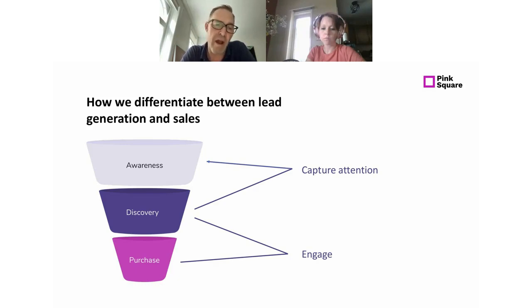In the top part of the funnel, where it's about awareness and partly about discovery, it's very much about capturing people's attention. While further down the funnel, you have more of people's time when they're getting to the purchase decision part. But that also requires more of you in terms of making the best use of that time. So it's about capturing attention at the top of the funnel, lead generation, and closing sales is very much about engagement.